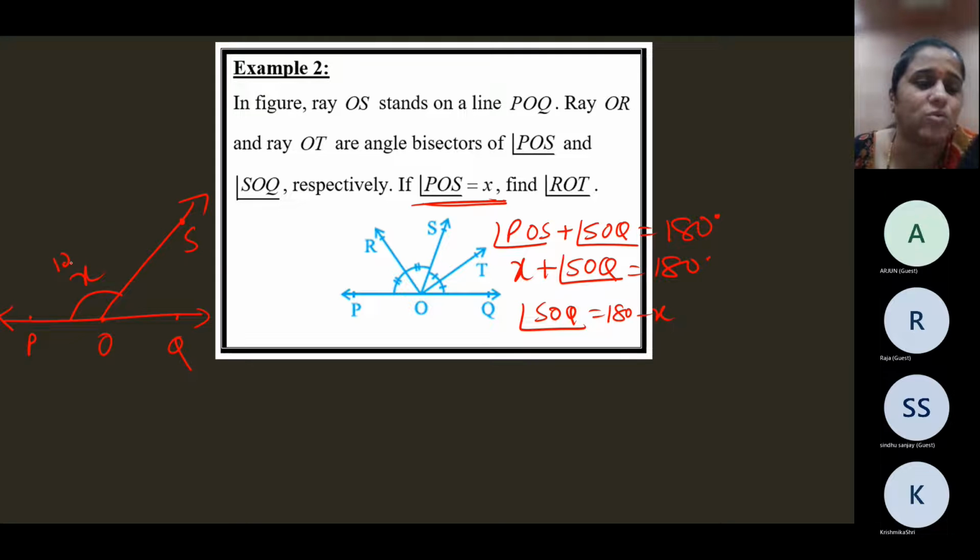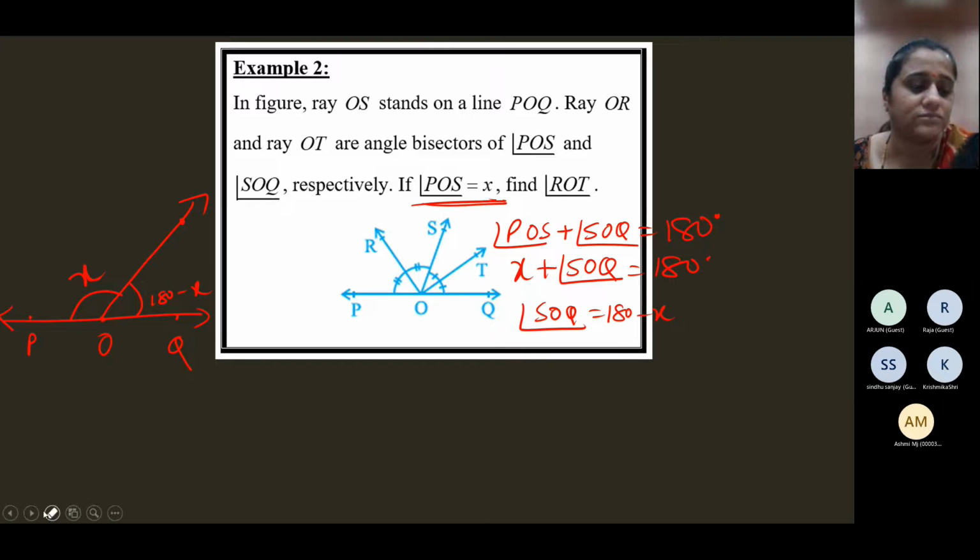Supposing this angle is given to be 120 degrees, how much is this one? 180 minus 120, 60 degrees, correct? Similarly, if this angle is X, this angle will be 180 minus X.